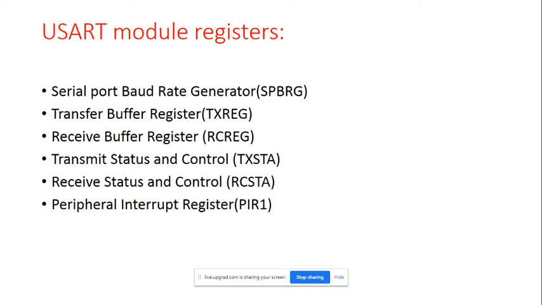Once I place that desired data into the transfer buffer register, then as per the baud rate, one by one bit will go out. Actually the data is 8-bit, but all 8 bits will not go out at once, because there is only one wire, only one transmit pin, and with one pin only one bit goes out at a time. That's why all 8 bits are first placed into the transmit buffer register.